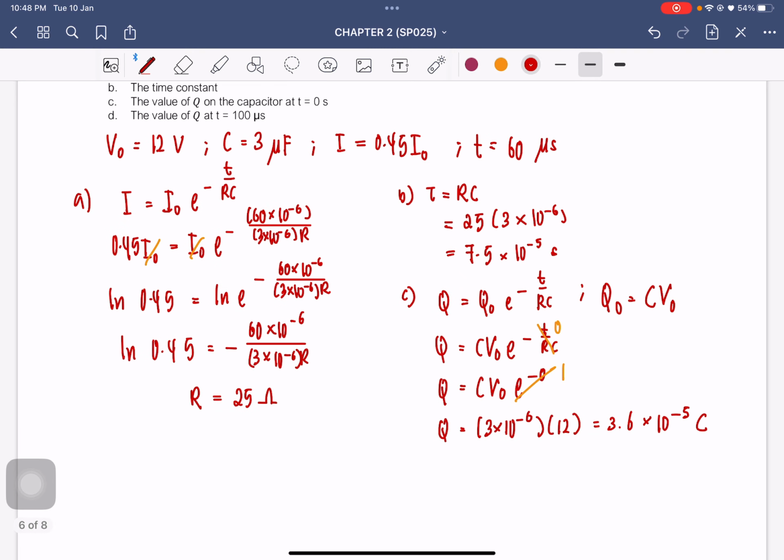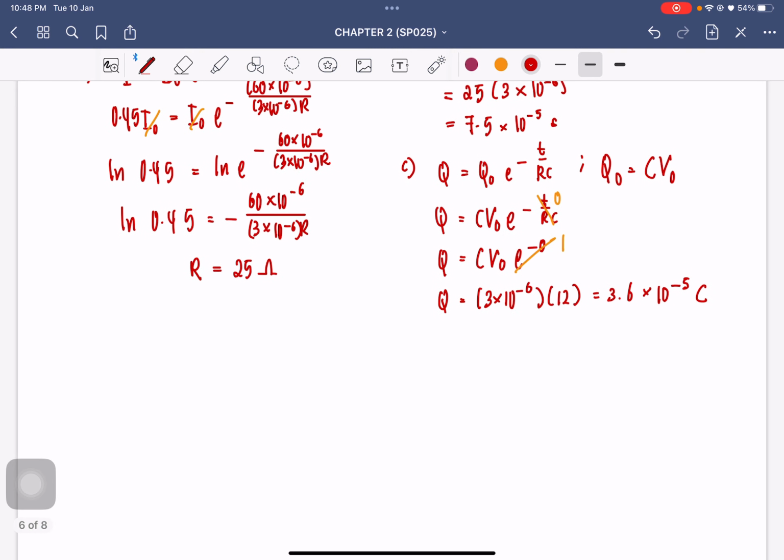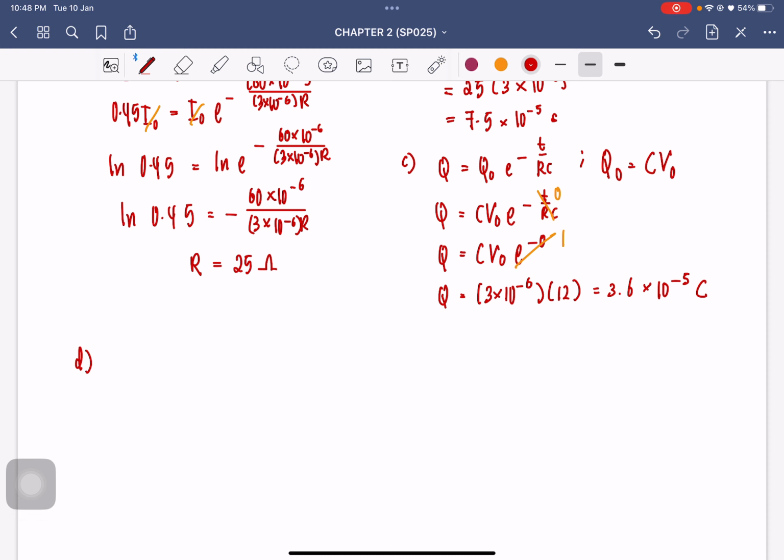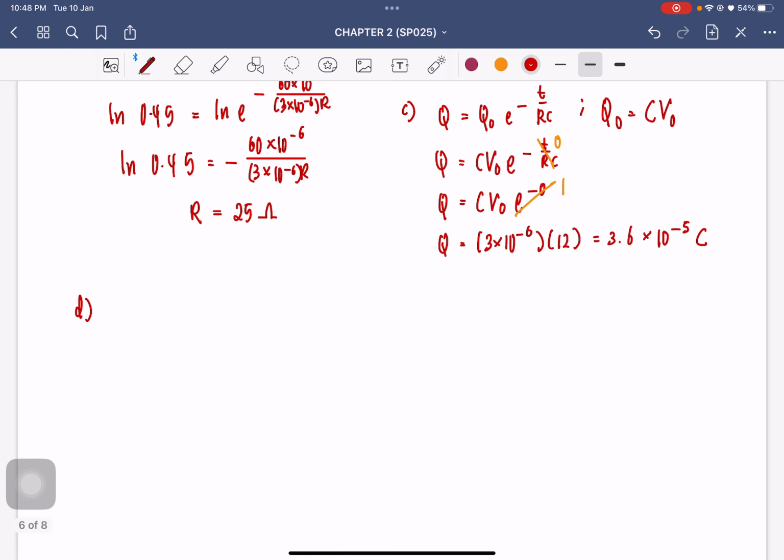Soalan last pula, the value of Q at t equal 100 microseconds. You just have to use the same equation. So it's gonna be Q equal CV naught e negative t over RC. However, t sekarang bukan equal to 0, dia ada value. So kamu akan substitute lah. C is 3, this is 12, this is e, 100 times 10 negative 6.